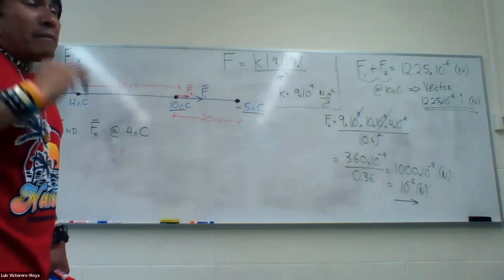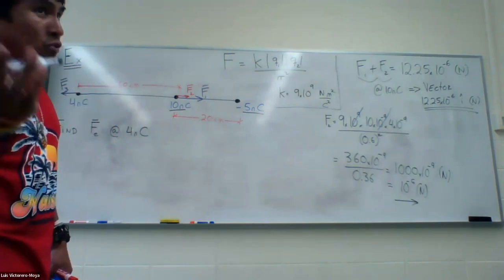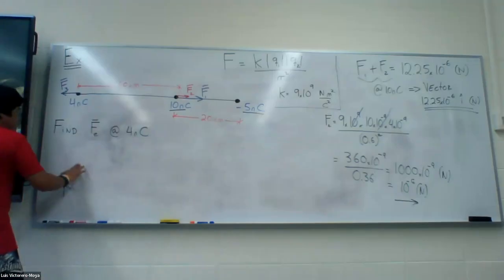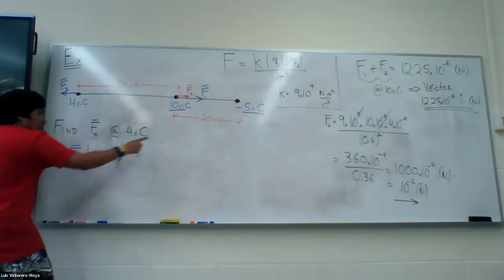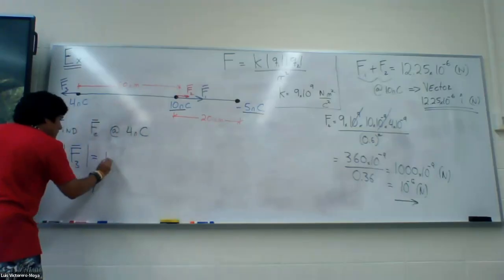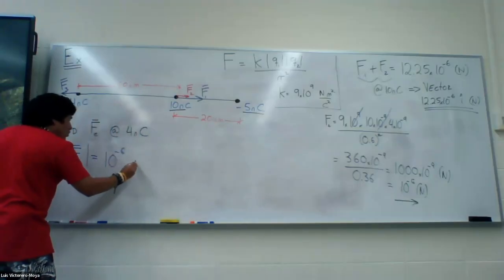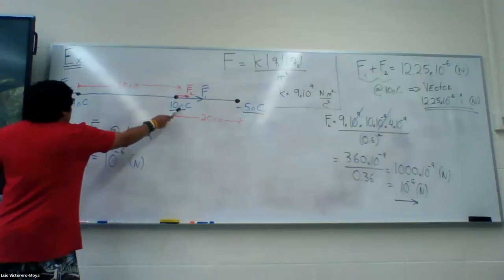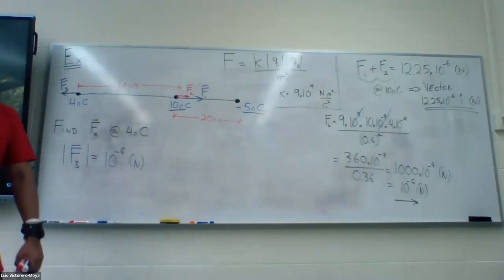Vectors may have the same magnitude, but different directions, different vectors. So F3, the magnitude of F3 though, I found it, is 10 to the negative 6 newtons. Because it's the force between 10 and 4.